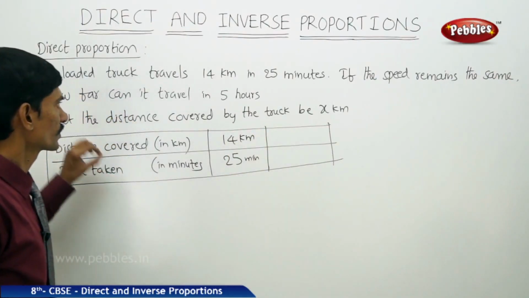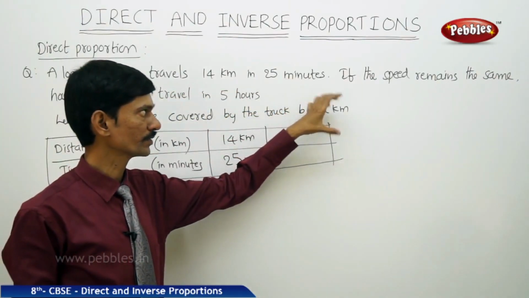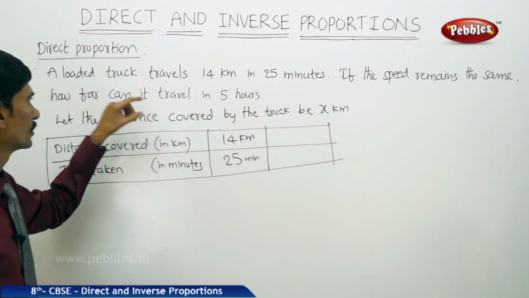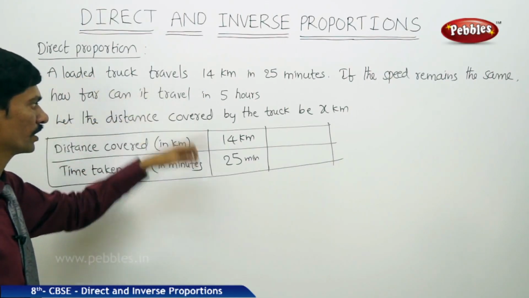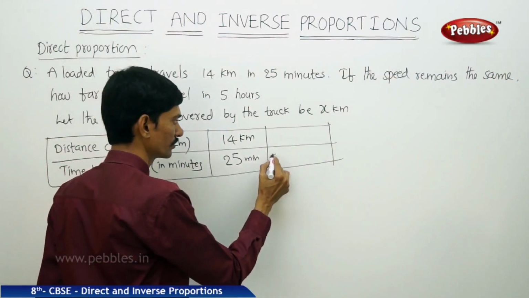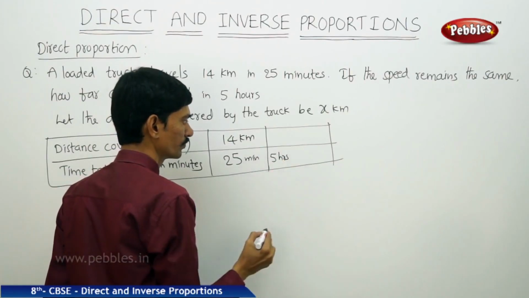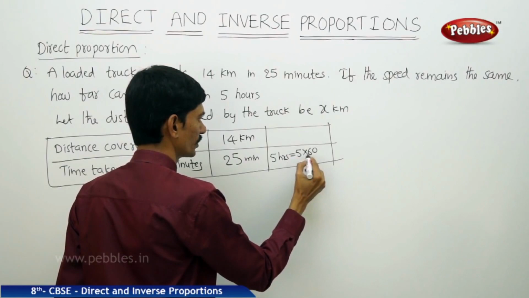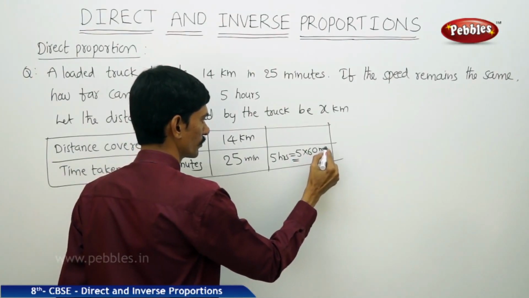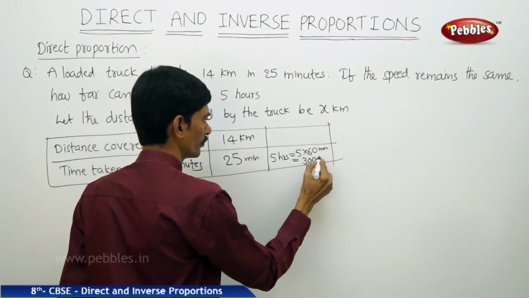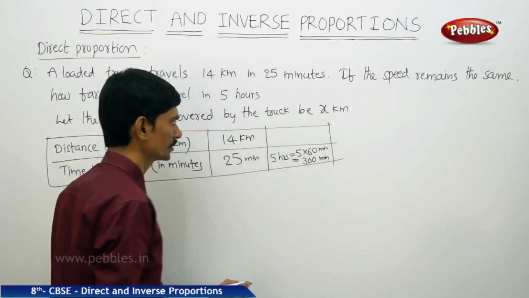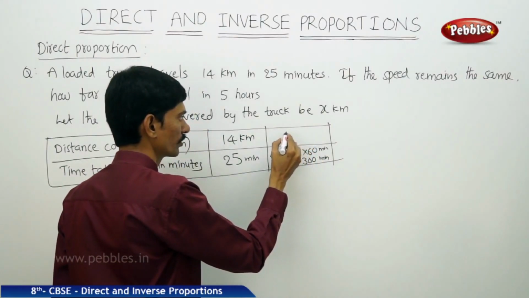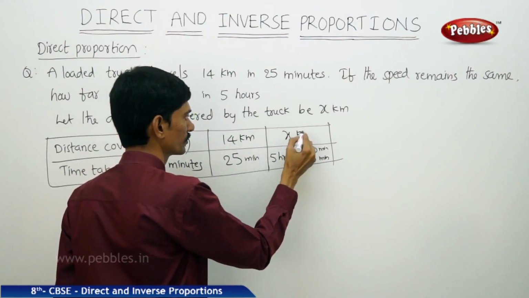Then here it is maintaining the constant speed, so the speed remains the same. Then, how far can it travel in 5 hours? So here it is given that 5 hours, but it is to be converted into minutes. So 5 into 60 equals 300 minutes. Then how much can it travel? You should find the distance traveled by the truck. So you will take that as x kilometers.